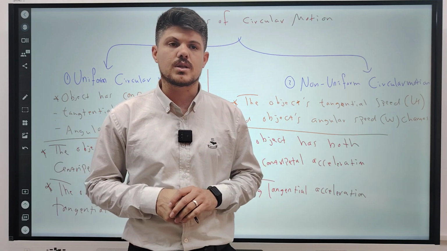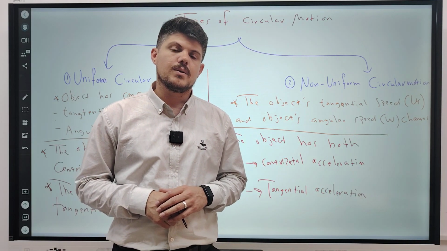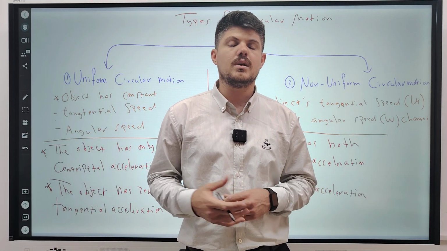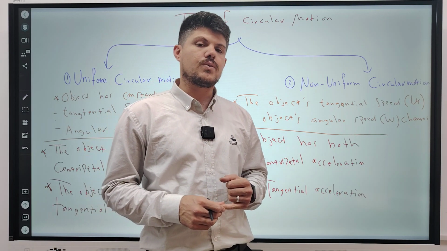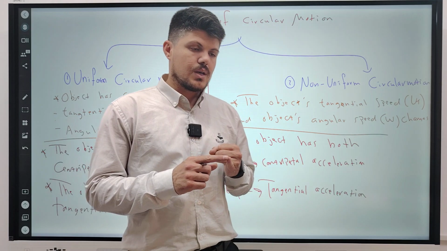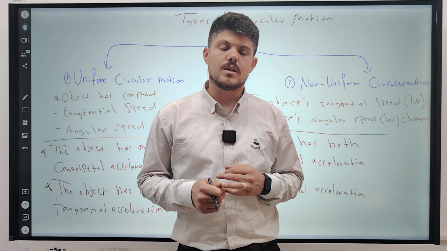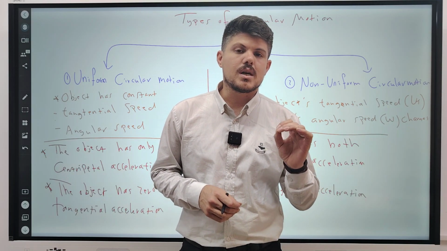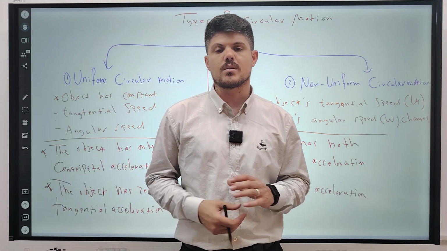Okay, let me ask you a question. For the Earth orbiting around the Sun, which type of acceleration exists? Which of the following accelerations is produced? The centripetal acceleration or tangential acceleration? The centripetal acceleration only. Why? Because the circular path of the Earth orbiting around the Sun is uniform circular motion.